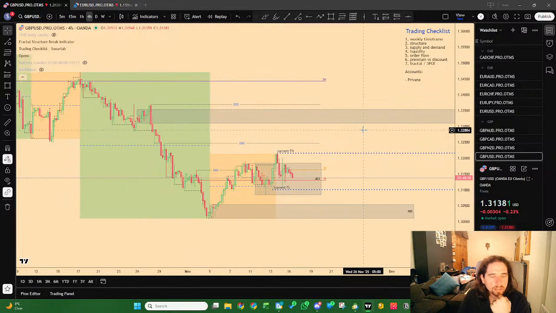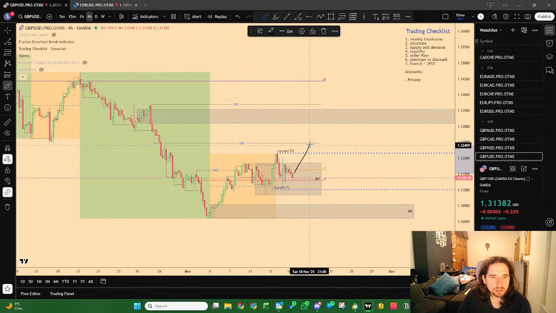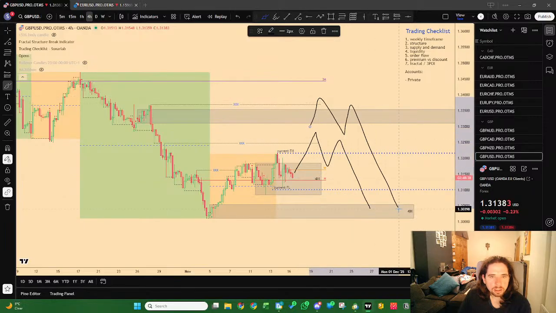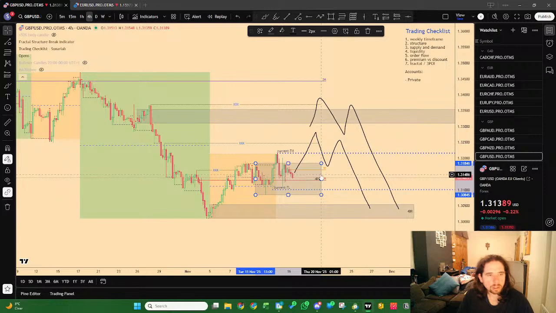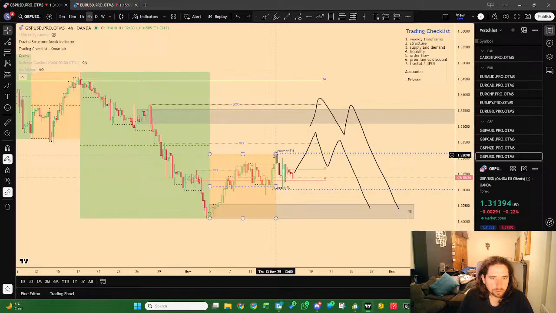So at the moment we can actually still look for more movement to the upside and take from there, or even up to this point here and take from there. So that's basically what I am looking for.